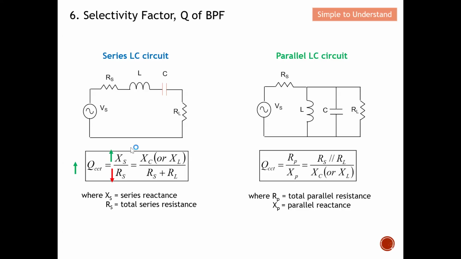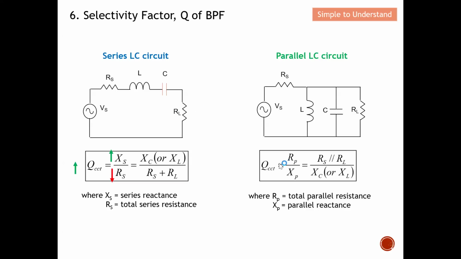For example, the L value can be increased. When I increase my L value, the reactance increases. However, for the capacitor, I need to reduce my C value. When I reduce the C value, my reactance also increases. For the resistor, it is quite obvious: I need to increase either the source resistor or the load resistor here.